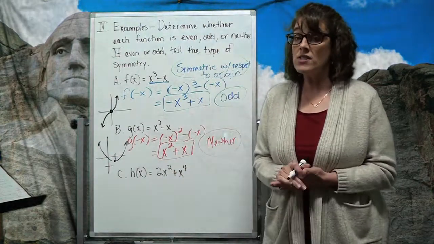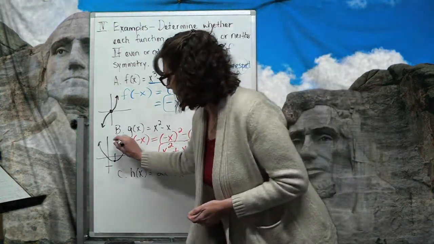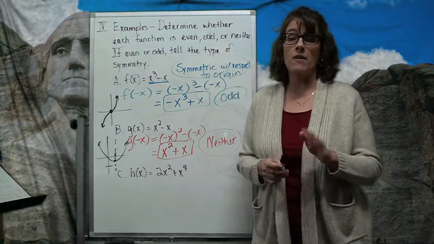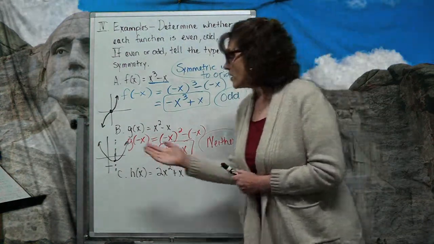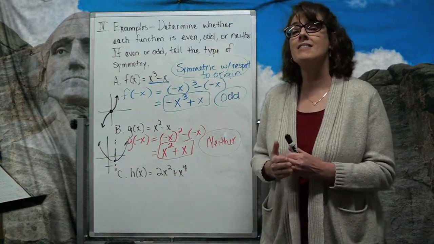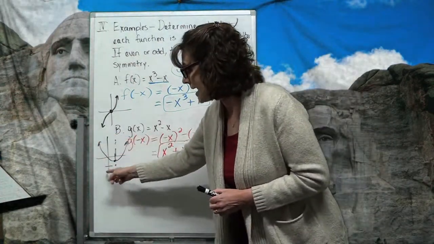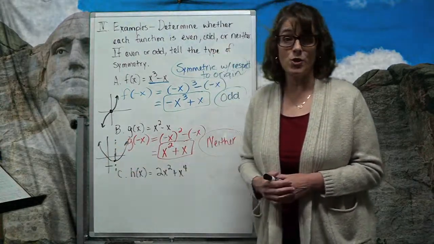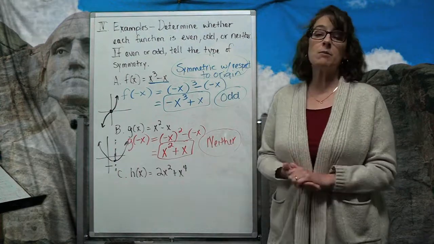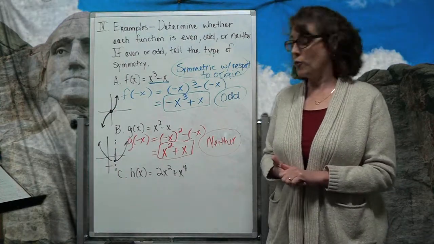It does have symmetry, no doubt about it, because here is that axis of symmetry. All quadratics have an axis of symmetry, definitely. So this one will fold on top of itself, but again, the idea is, is it symmetry with respect to this y-axis? Is the y-axis your folding line? No, it is not. So it does have symmetry, but not the kind of symmetry I'm looking for.